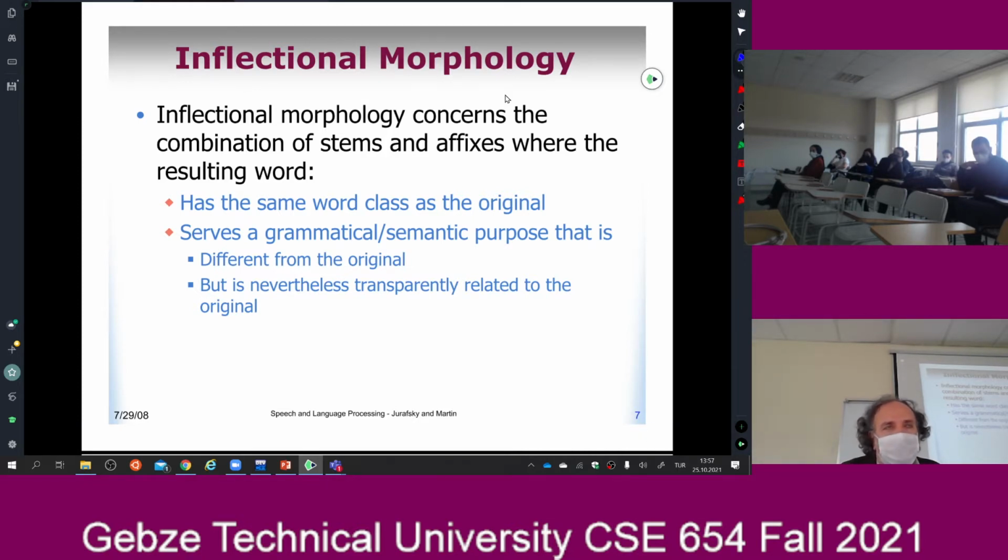So when you say book and books, they are the same word, right? One of them is the plural of the first one, and it serves a grammatical semantic purpose, different from the original, nevertheless transparently related to the original. Books and book are, of course, different, but they are related to the original. That's inflectional morphology.